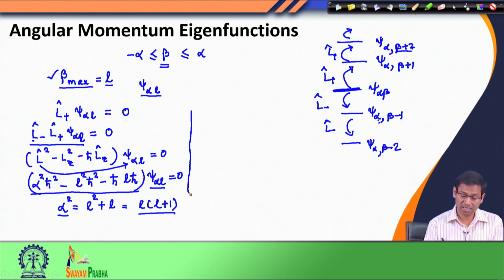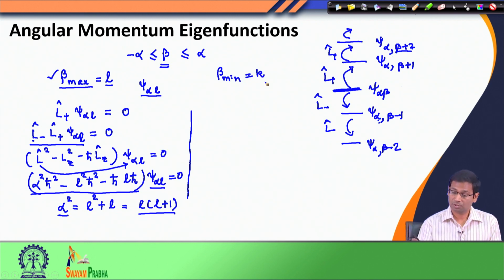I can similarly do this by defining beta minimum as a new variable k. So, I said that there exists an upper bound, that is beta max, and similarly there would exist a lower bound, and that I would call beta min. So, the lowest function will become psi alpha k.